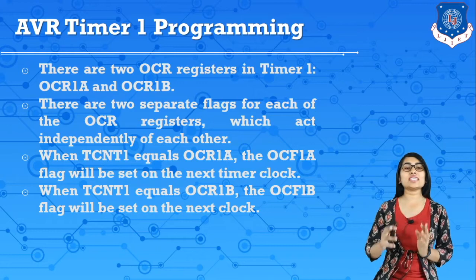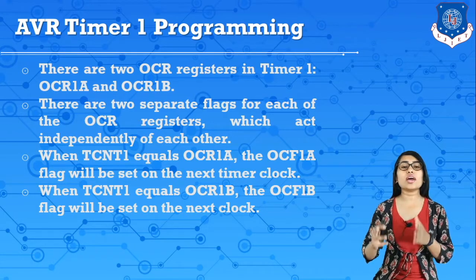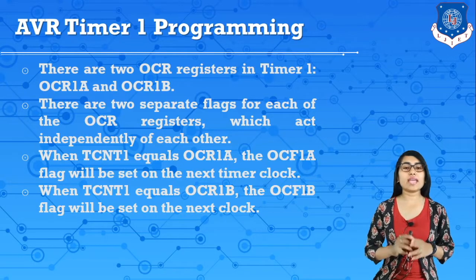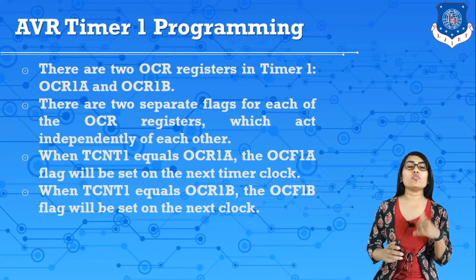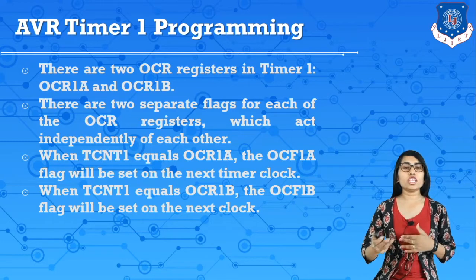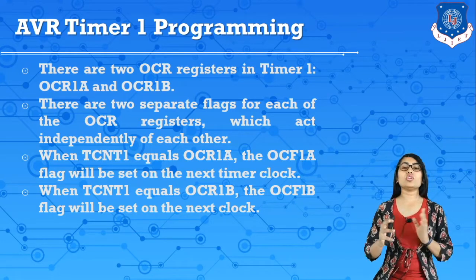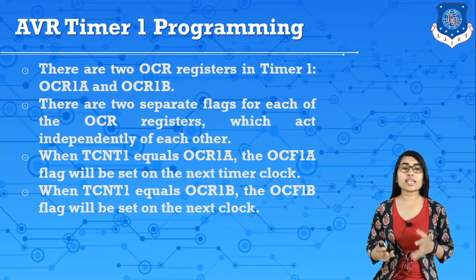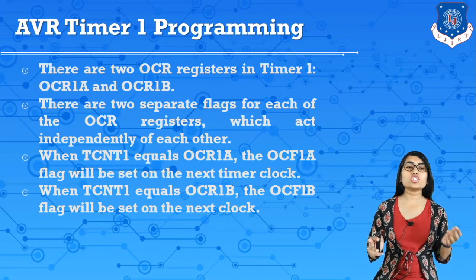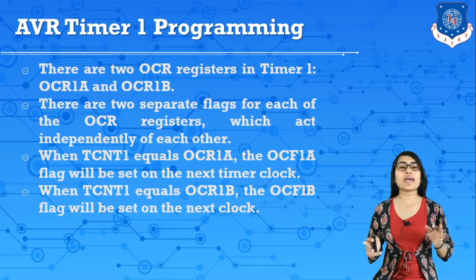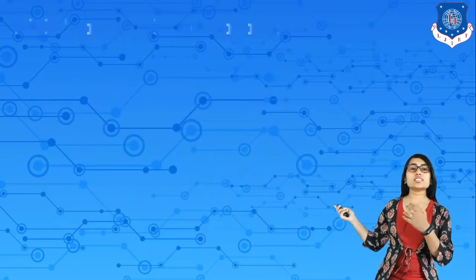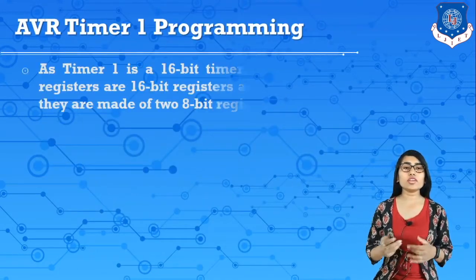When TCNT1 equals OCR1A, then the OCF1A flag will be set on the next timer clock, and when TCNT1 equals OCR1B, the OCF1B flag will be set on the next clock cycle. So depending on which OCR flag is set, either A or B, the corresponding output will be set or reset.